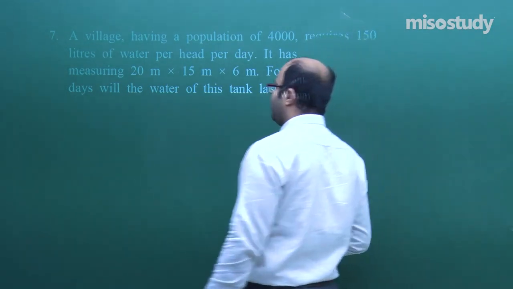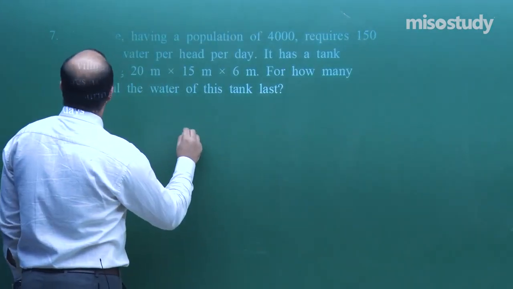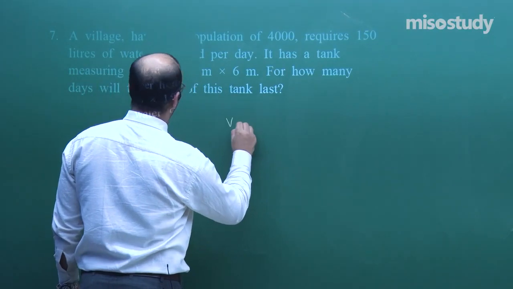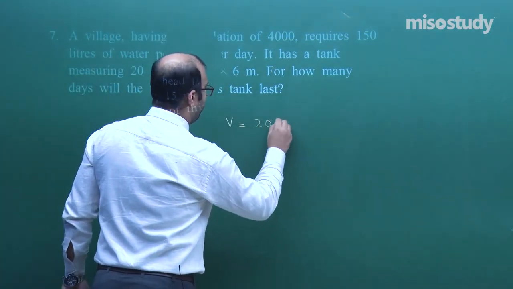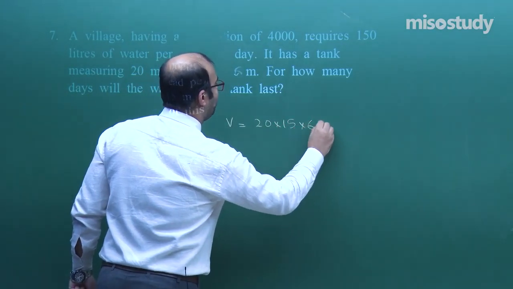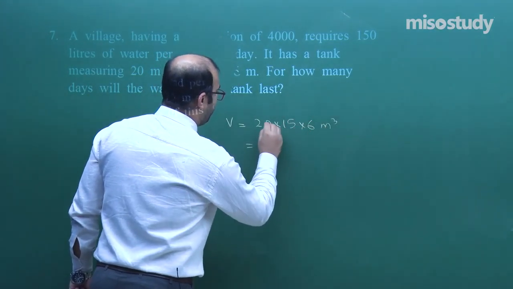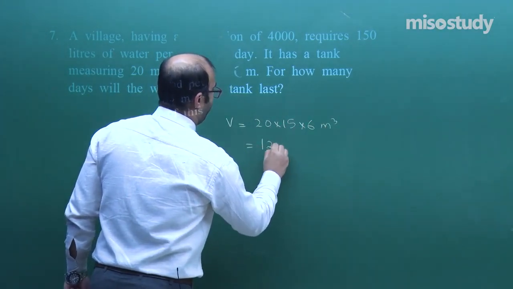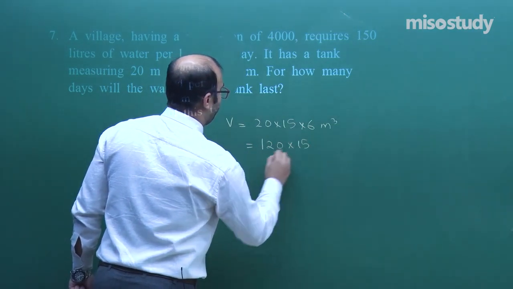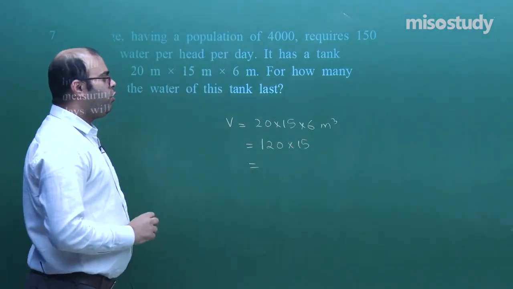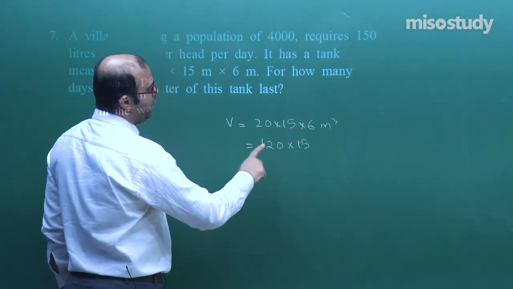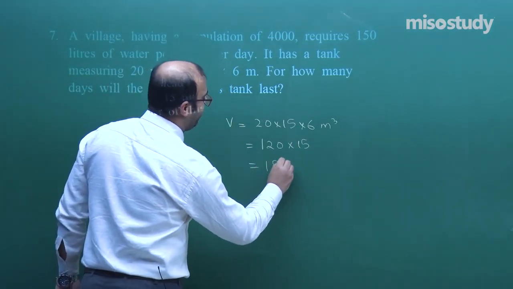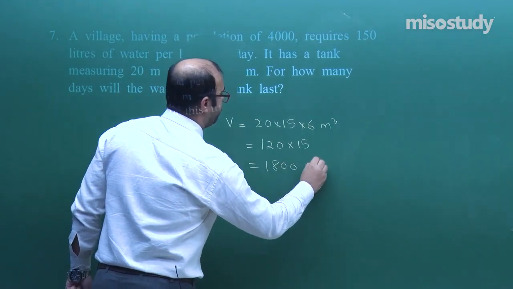So first let us find the volume of this tank. This is 20 into 15 into 6 meter cube. So this will become 20 into 6 is going to be 120 into 15, we get 150 plus 30, 180, so 1800 meter cube.